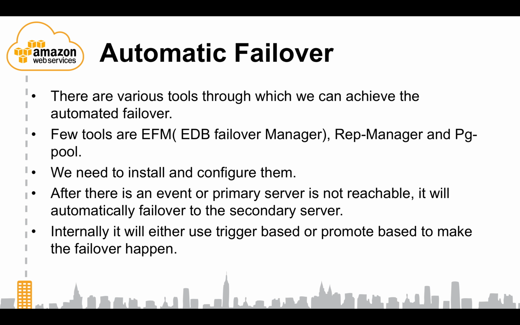In automated failover, the process in the backend is the same, but they do it with the tool. So the backend is either trigger based or promote based to make the failover happen.